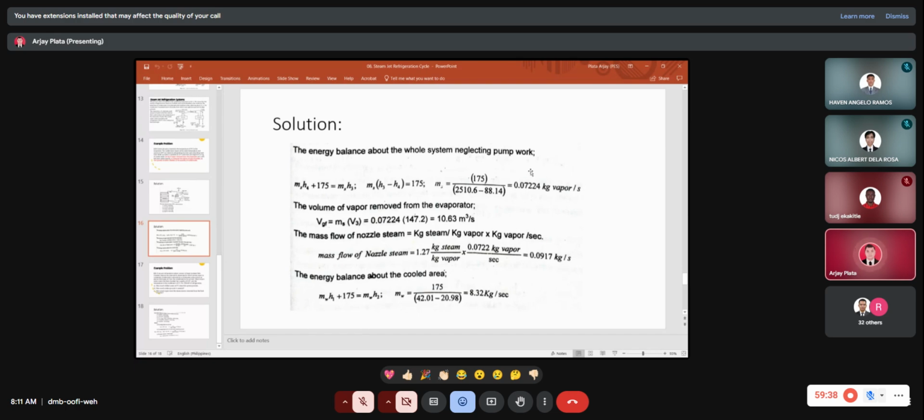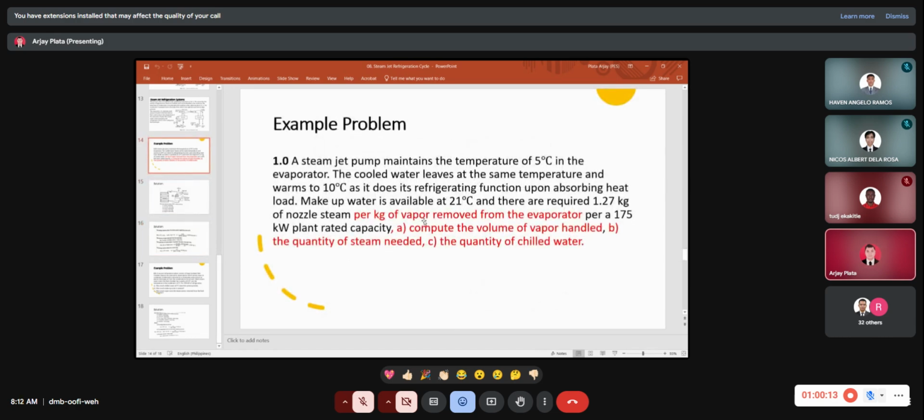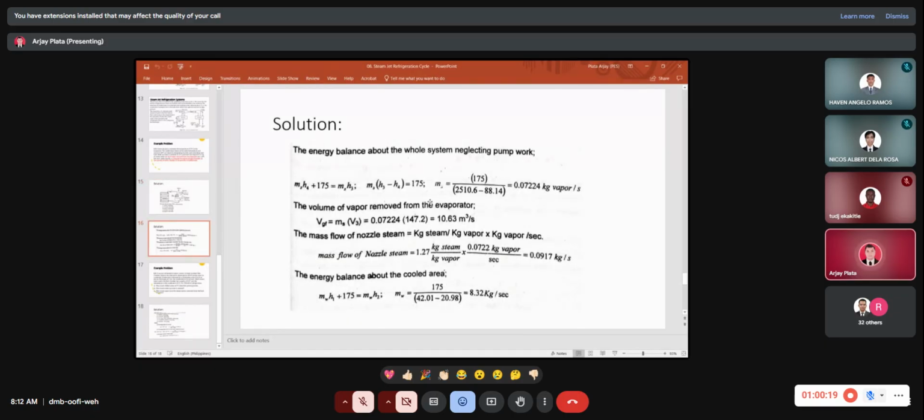So from this amount of water vapor, we can now compute for the volume of vapor removed from evaporator. So how can we compute for that? So volume of vapor removed from the evaporator is equal to the mass flow rate of our refrigerant times our volume. Given ba tong 147.2 sa problem? Saan galing yung 147.2?